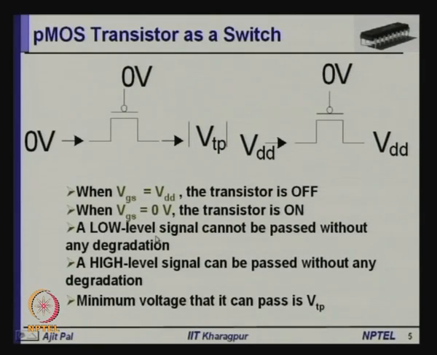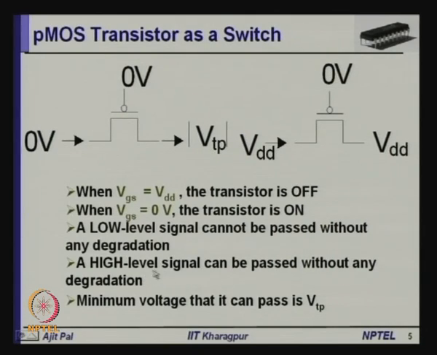And as you know, a low level signal cannot be passed without any degradation, because you will get a voltage equal to the absolute value of VTP. That means, if you apply 0 volt here, you will not get 0 here, but you will get a minimum voltage of VTP, because this transistor will turn off when the voltage gets discharged beyond the VTP point.